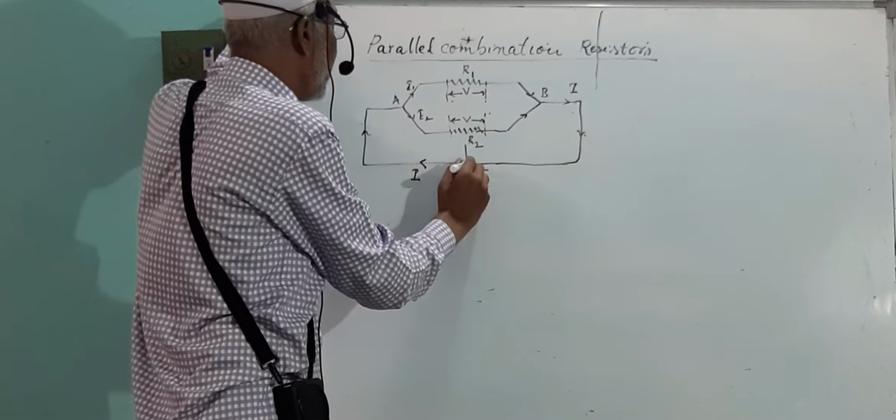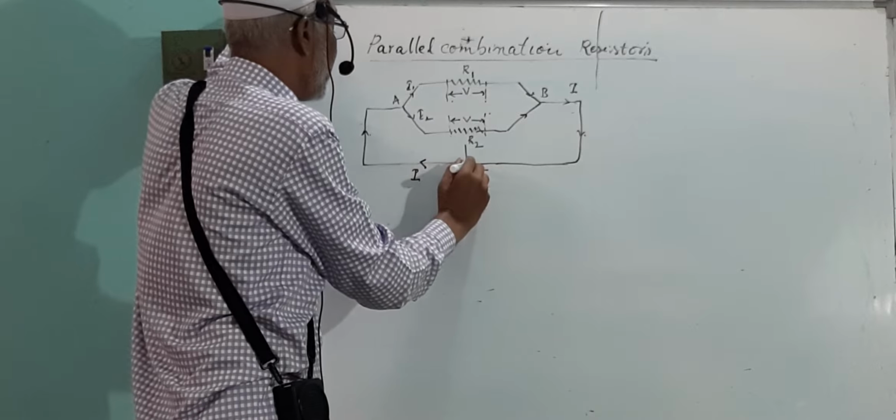Now let us see. The first point is that you have to draw the circuit diagram. The second point is that we say two resistors are connected in parallel. The third point is that you have to describe the circuit diagram. So you consider two resistors, R1 and R2.